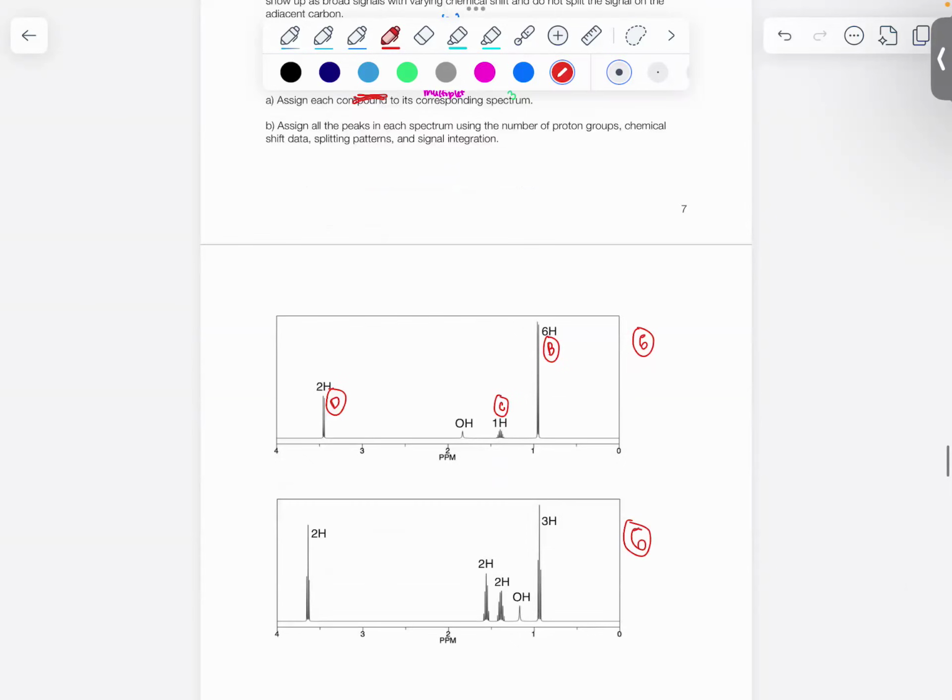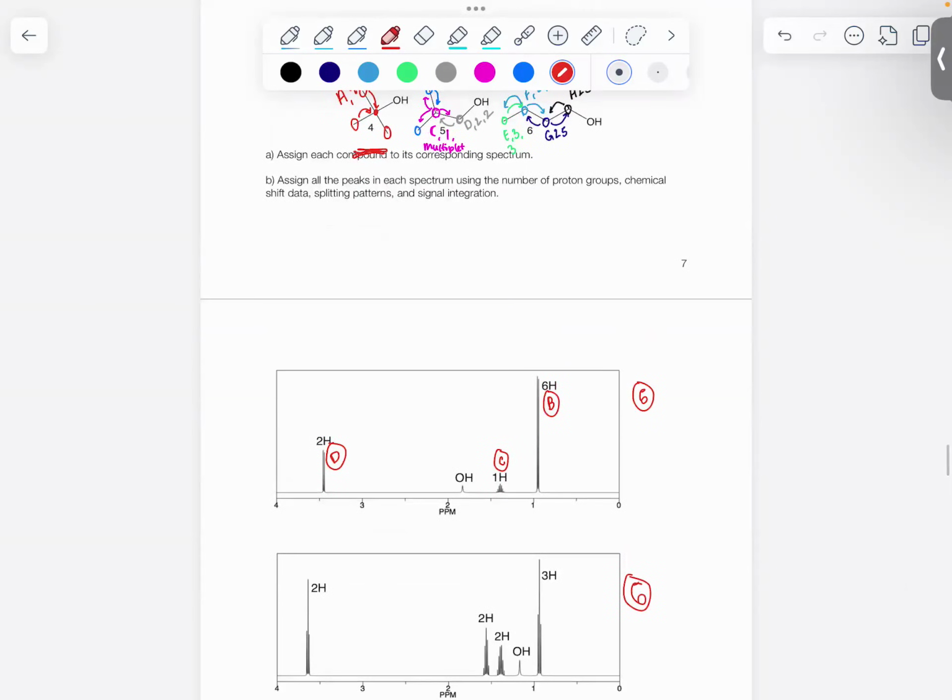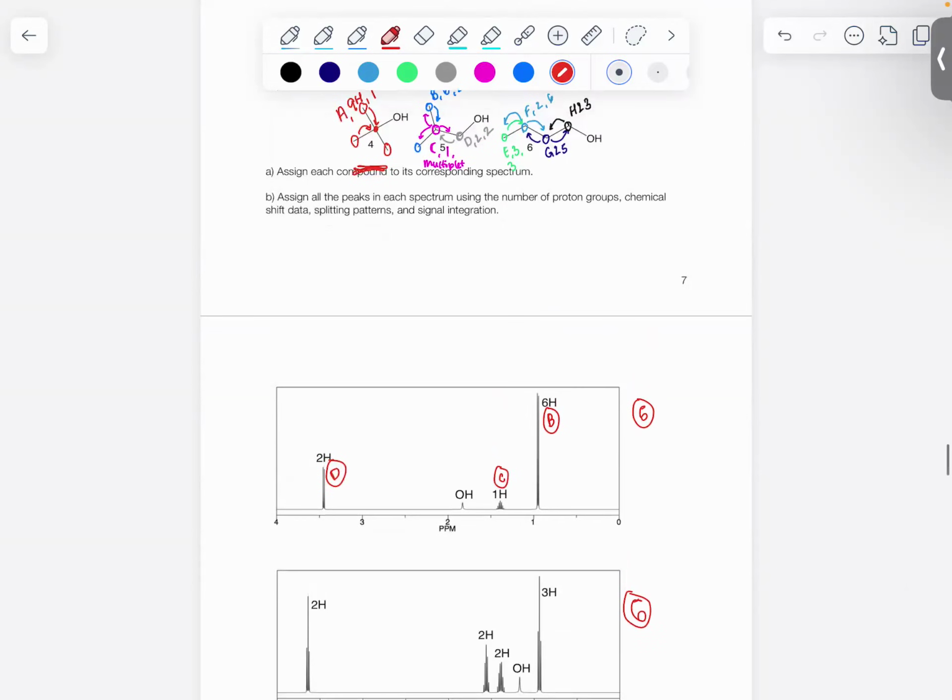But to confirm, we can go through and label all of our signals as well. So we know that this 3H must be E. We have our 2H triplet, which will be H, G, and S.